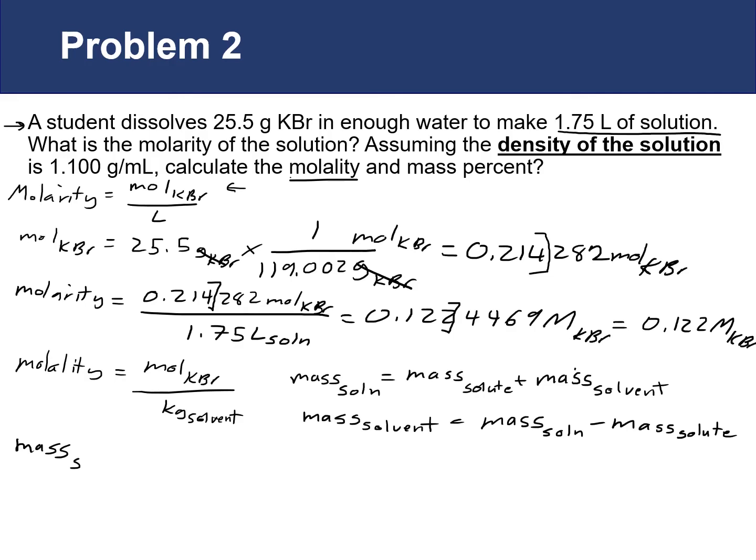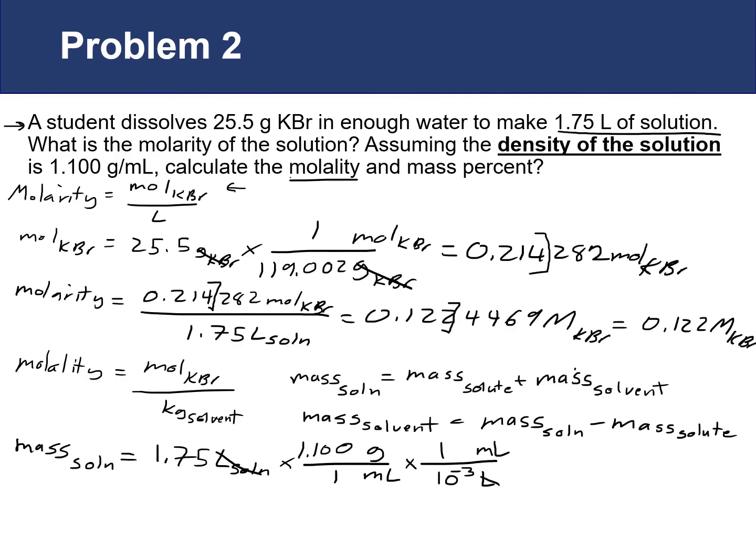So the mass of our solution would be equal to 1.75 liters of our solution multiplied by its density, grams on top, milliliters on bottom, 1.100 grams per 1 mL. In order to cancel out our volume, we need to convert our milliliters to liters. So we're going to put milliliters on top, liters on bottom. 1 milliliter is 10 to the negative third liters.